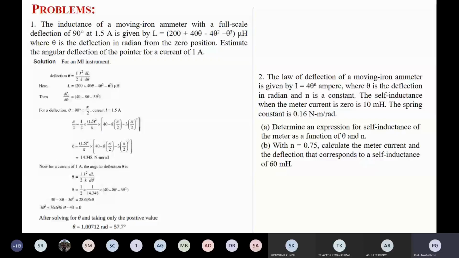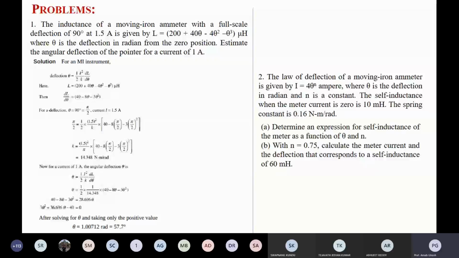The spring constant is 0.16 Newton meter per radian. Determine the expression of the self inductance of the meter as a function of theta and n. With n equal to 0.75, calculate the meter current and the deflection that corresponds to a self inductance of 60 millihenry. All of you please note down this numerical problem. You have to solve it at home.